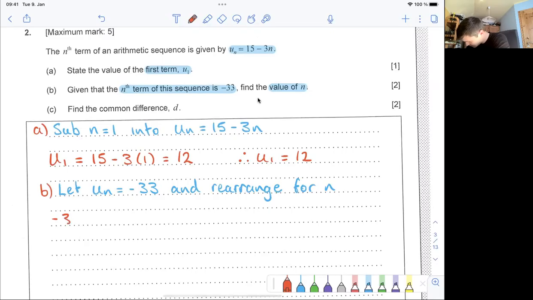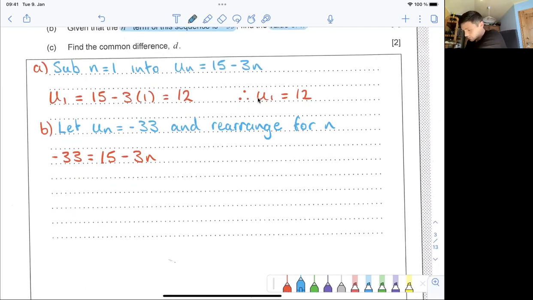So negative 33 is equal to 15 minus 3n. From here, first of all, let's subtract 15 from both sides. That's going to give me negative 48 over here is equal to negative 3n.